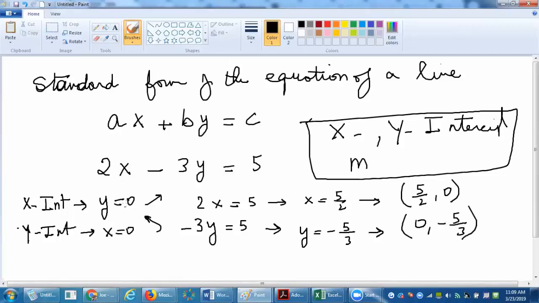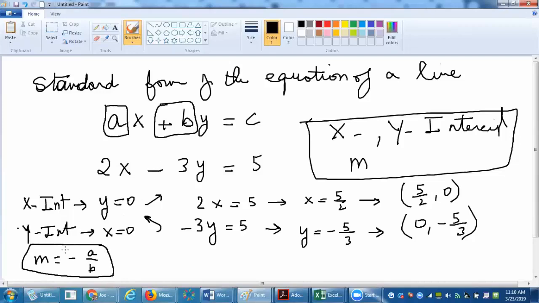Finally, how do you find the slope? The easy way to find the slope of a standard equation would be minus a over b. Let's remember that for a line written in standard form, this is a, and this is b, and therefore minus a over b in this case would be negative 2 over negative 3.